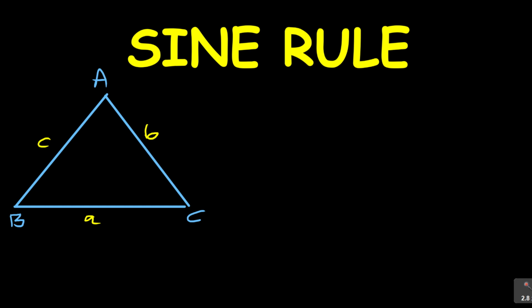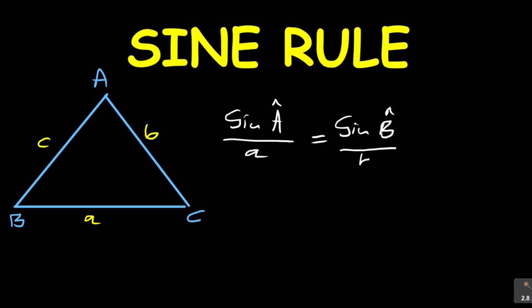It says sine A, as the angle, over side A is equal to sine B, that is angle B, over side B, which is equal to sine angle C over side C.